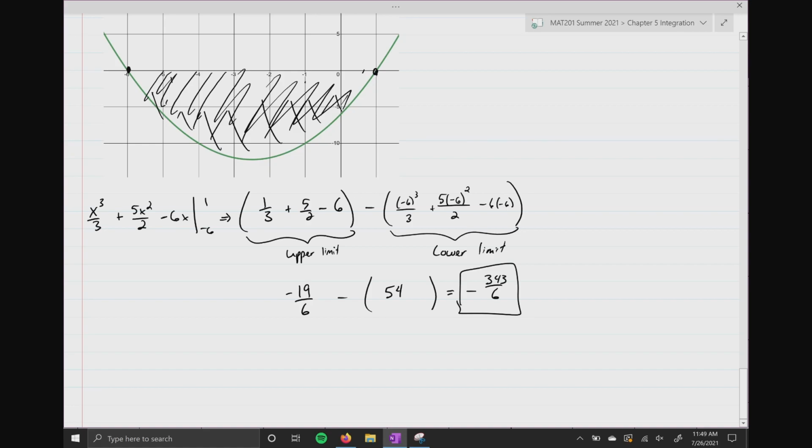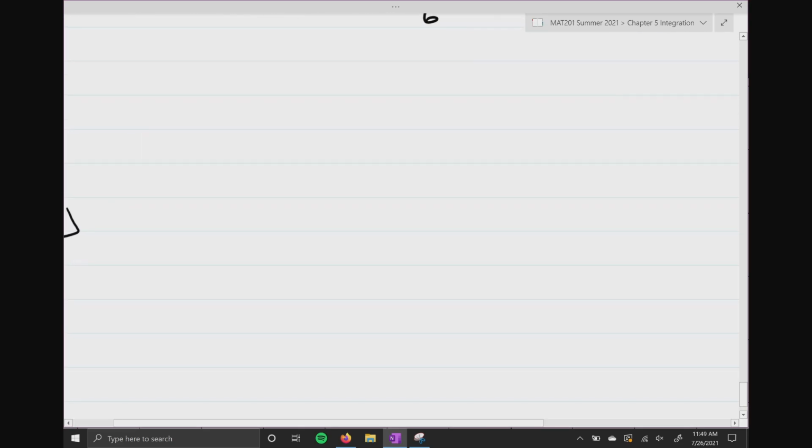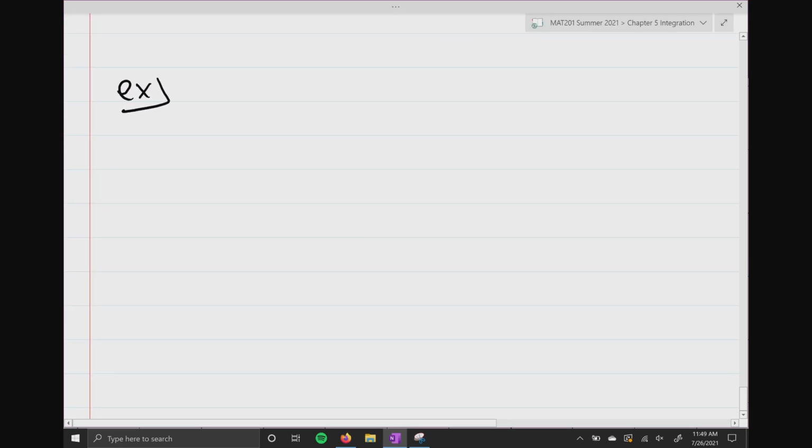Now remember, definite integrals, which is what we're working with, give us net area. Okay? And I'm reminding you of that because of this next example. With this next example, I want us to find the integral from -pi/4 to 7pi/4 of sine x plus cosine x dx.